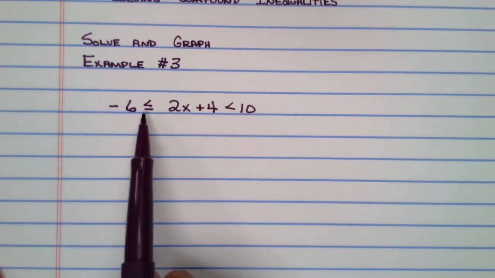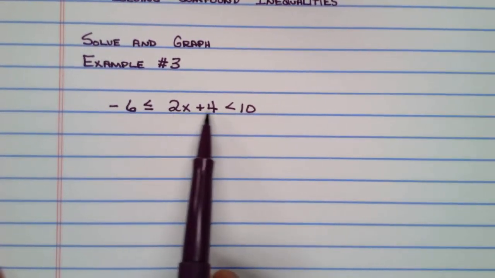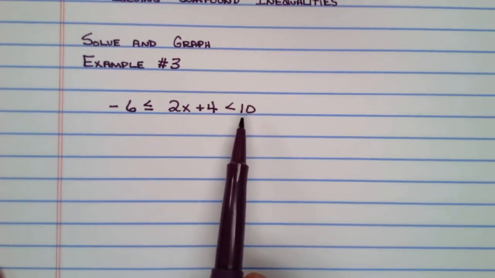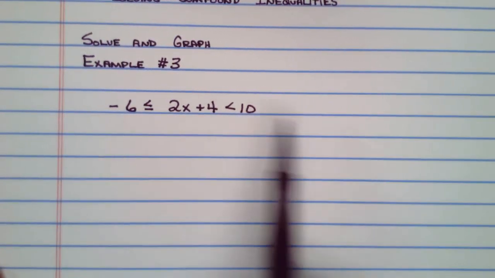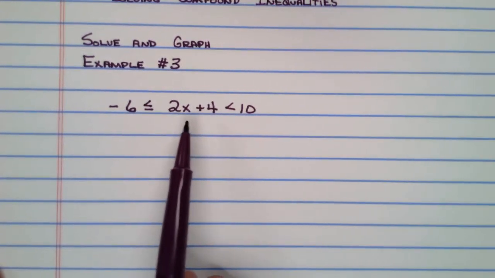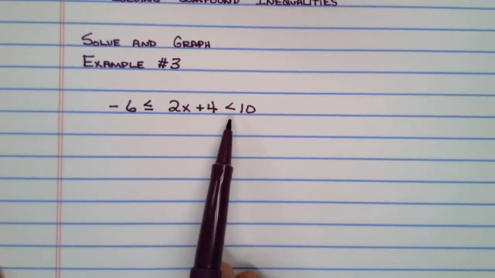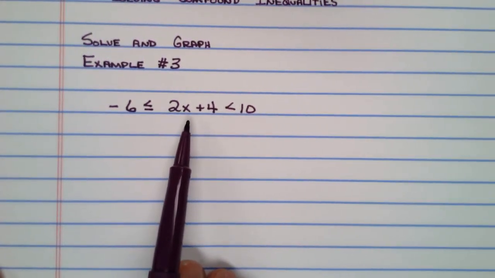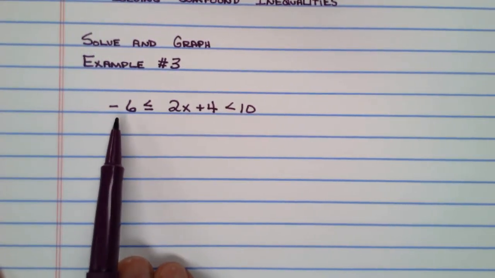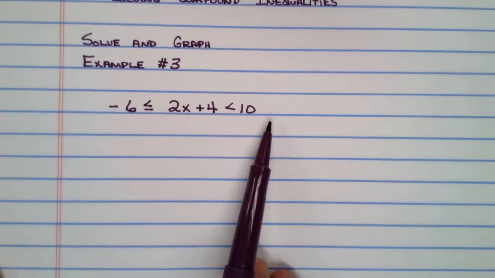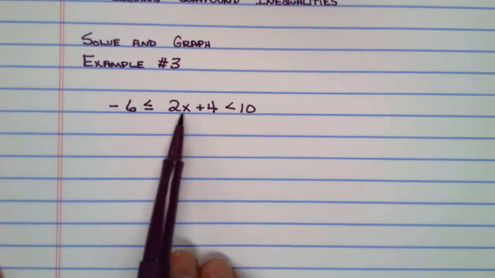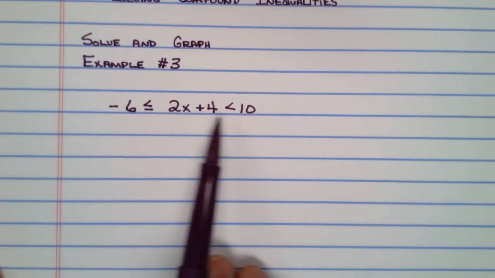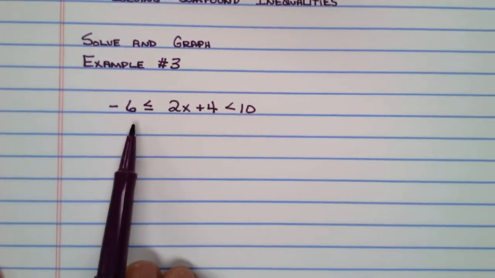When you have the inequalities bunched together like this, this is always an AND. What we do to one side of the inequality, we have to do to the other side of the inequality. So basically, we're solving right here in the middle, and whatever we do to eliminate a number, we have to do it to both sides right here and right here.